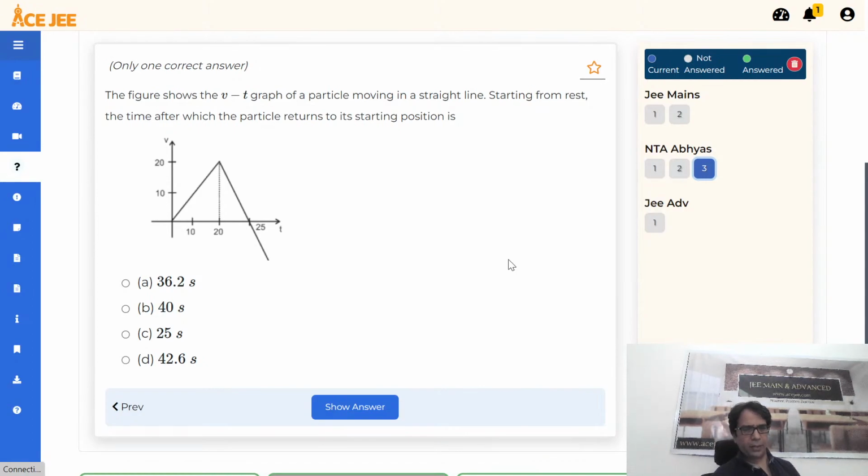When will the particle return back to its starting position? The net displacement would be 0. You can approach this question either graphically or use the kinematic equations for constant acceleration for a certain segment. Either way.